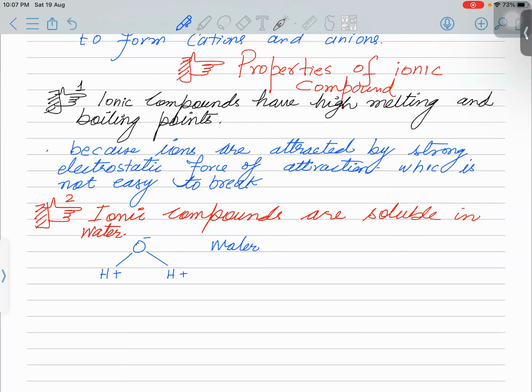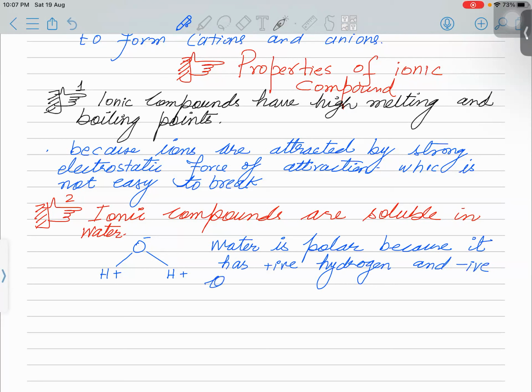Are you getting my point? Water is polar. Polar means it has positive and negative charge, because it has positive hydrogen and negative oxygen.